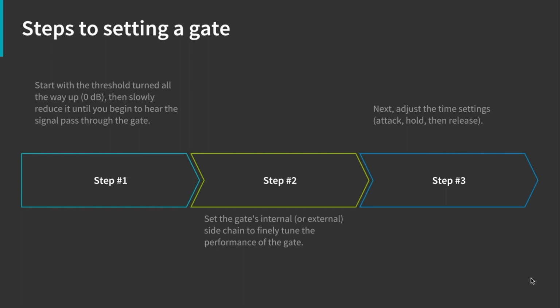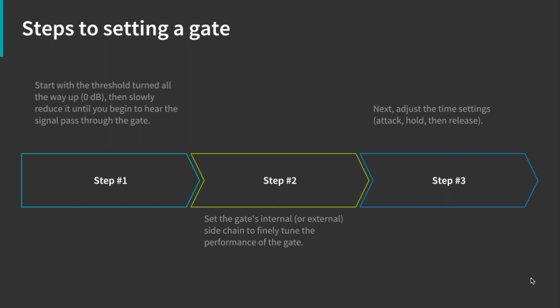The next step would be, if you need space in the time, like if you need to space out the time between the gate's opening and its release, then all you have to do is increase the hold time a little bit, or maybe decrease the threshold. You just really have to find what works for you. Use your ears. I always say your ears are your best friend.